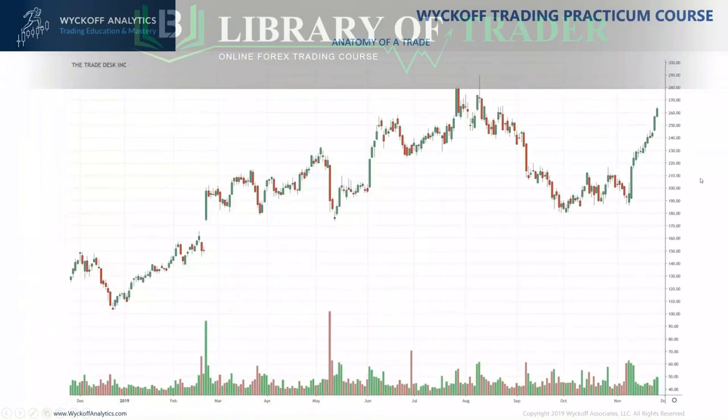What are we doing here with the position? Our point of entry was on this bar. What are we doing, guys? Are we keeping it? Are we keeping and then scaling out some? Are we exiting completely?